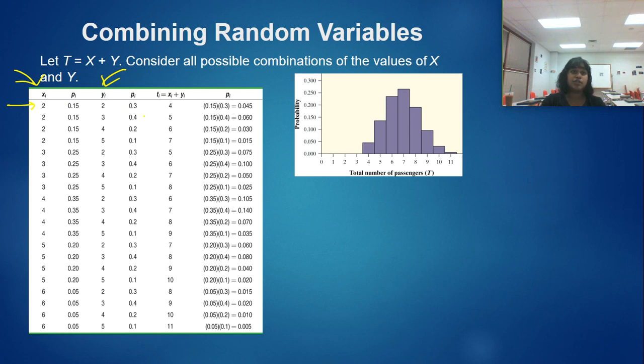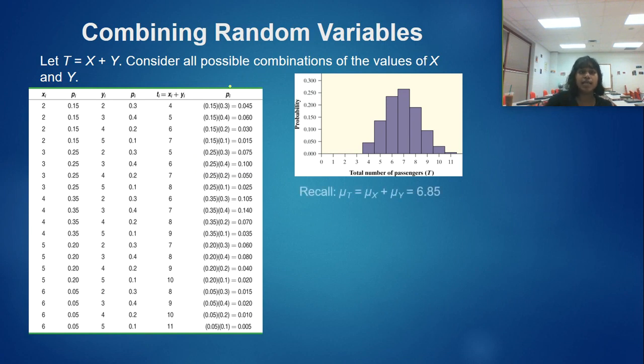But we could also do the combination of 0.15 times 0.4, or 0.15 times 0.2, or 0.15 times 0.1. So we create all of the unique probability sets and all of these total numbers of passengers. And there's where that average of 6 point whatever it was comes from.